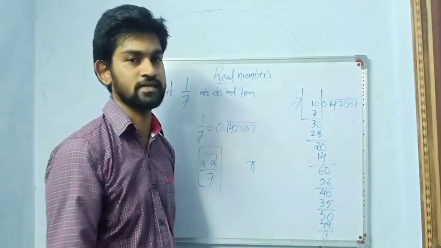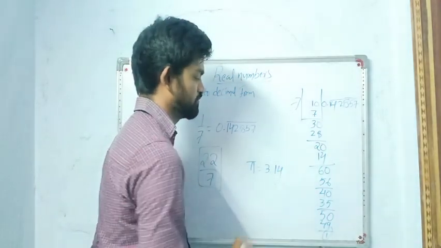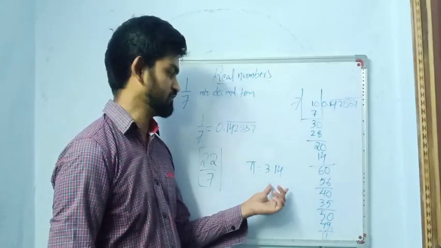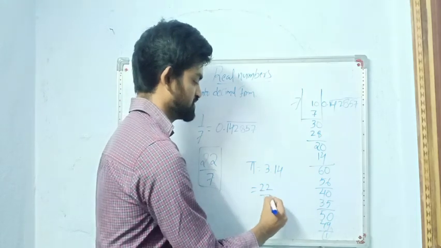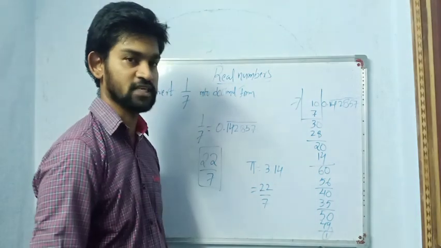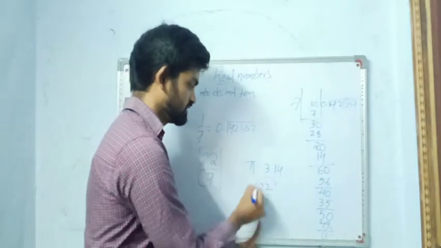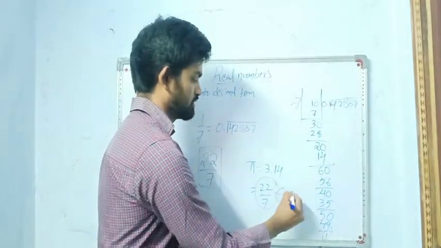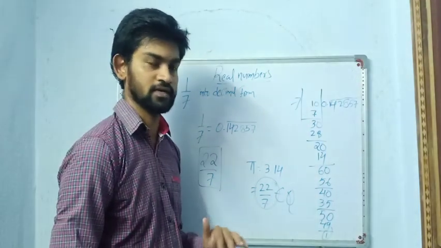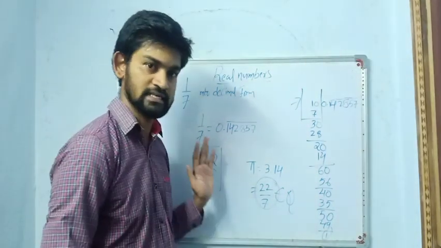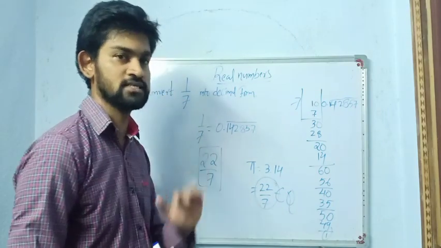It's the nearest value. Pi's nearest decimal is considered as 3.14, and if you convert that into P by Q form, the nearest value you get is 22 by 7. This is a repeating decimal, so it is a rational number. Keep in mind, 22 by 7 is not irrational, it is rational only. Pi is irrational, 22 by 7 is rational.